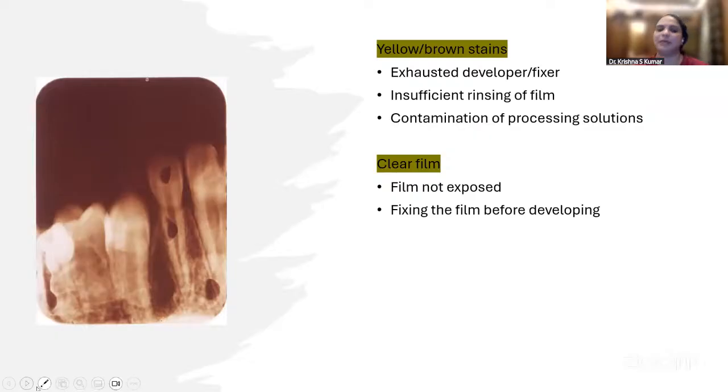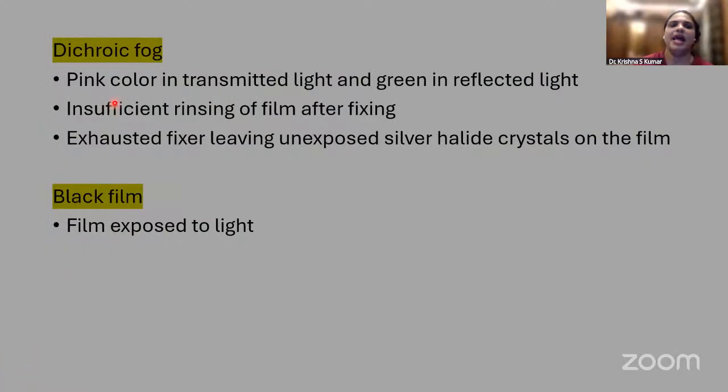Yellow or brown stains occur if you don't rinse the film after developing and fixing, and if it is contaminated. A clear film occurs if the film is not exposed at all, or if you fix it before developing it. Dichroic fog is seen as pink color in transmitted light and green color in reflected light.